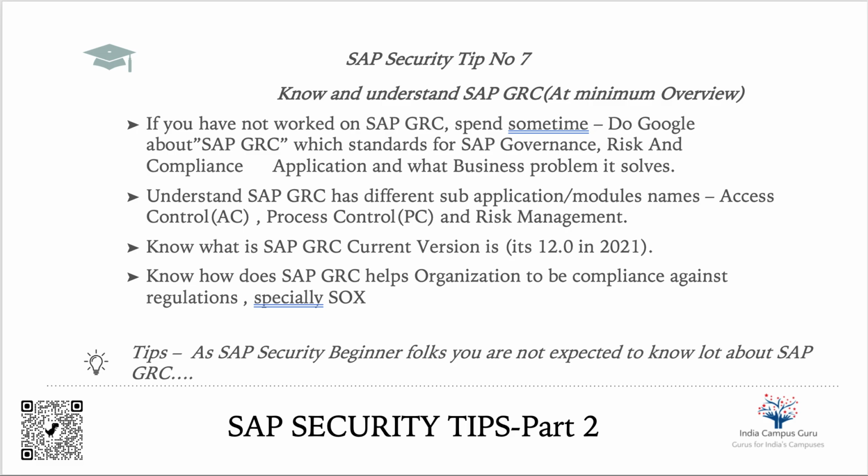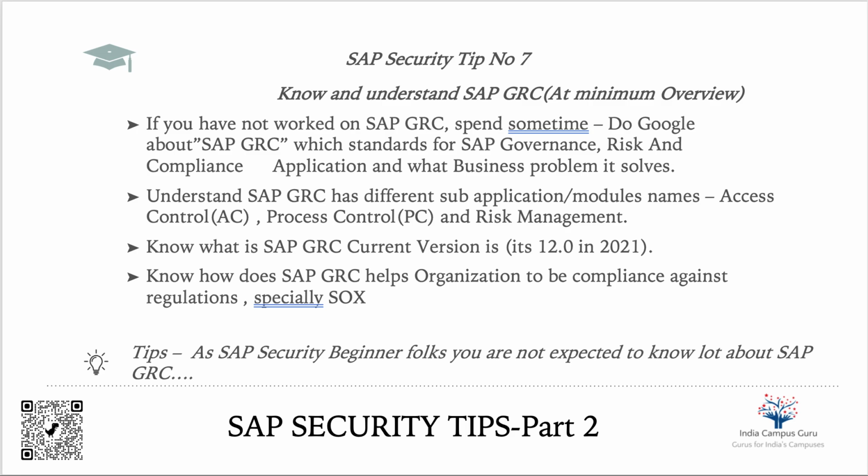Know what version it is right now, which is 12.0, but you may find some older versions like 10 or even 5 or older for the projects or customers you get assigned to. But know what the current version is, which is 12.0.